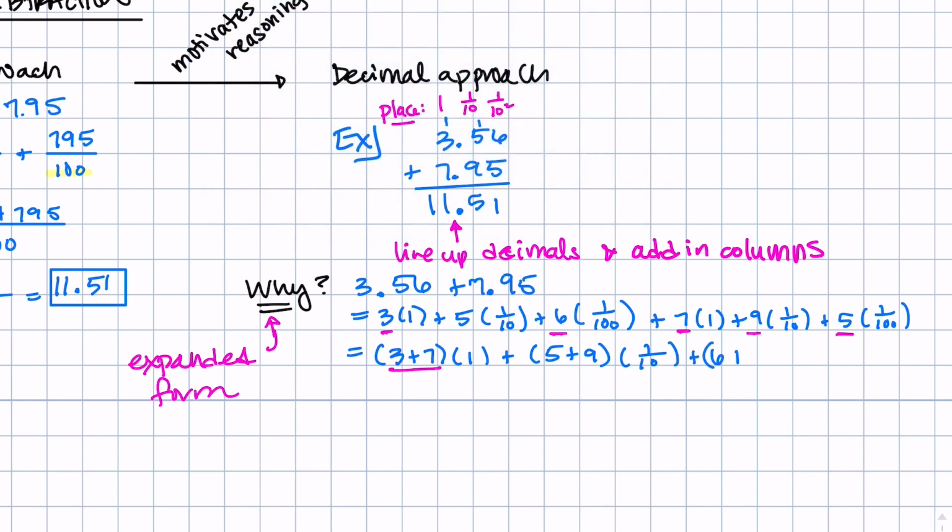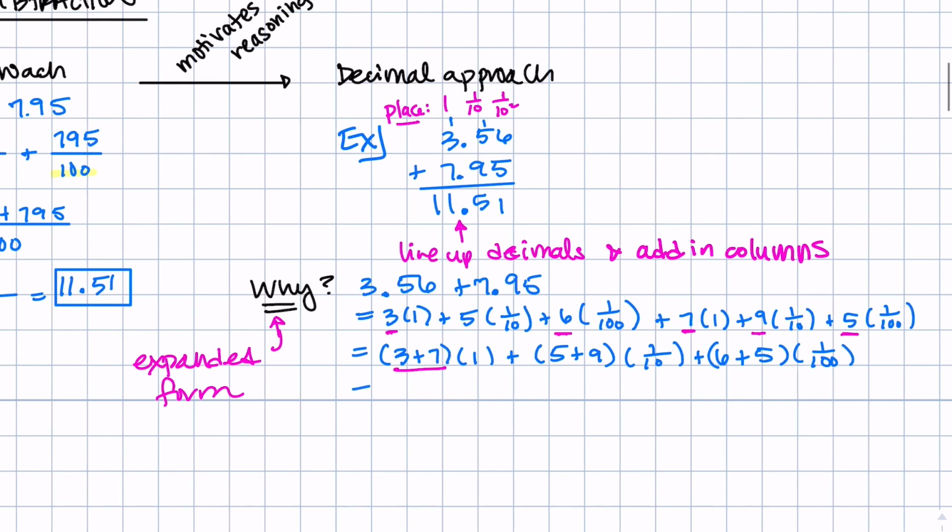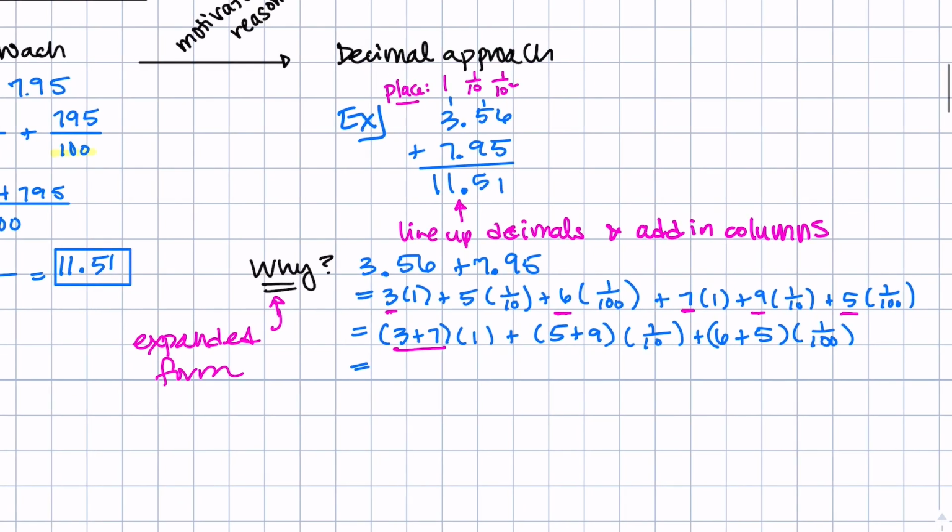All right, so combining these like terms, 3 plus 7 becomes 10 ones. 5 plus 9 becomes 14 tenths. Oops, sorry, parentheses. And 6 plus 5 becomes 11 1/100ths.